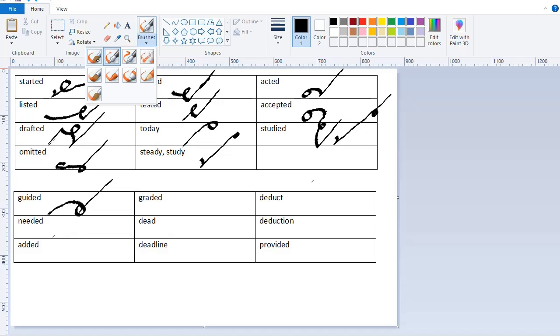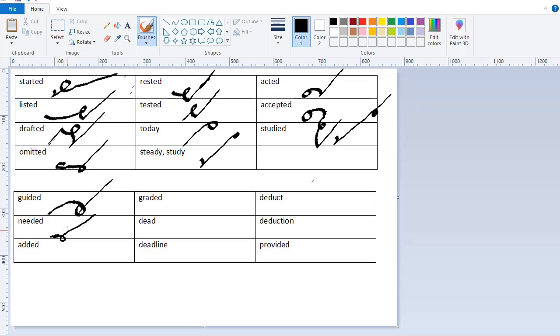Palitan natin yung ating pen. Let's make it into this one. So, needed. We have need. N, E, dead. Needed. Okay? Yan, needed. Next, ayusin na lang ninyo sa papel ninyo.